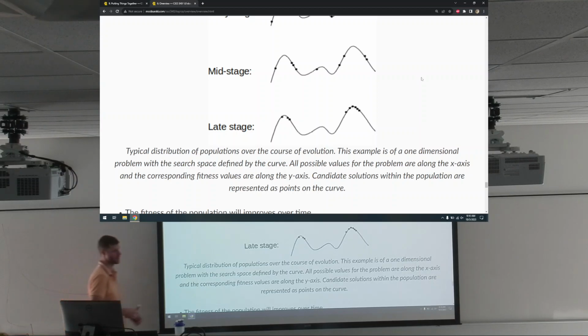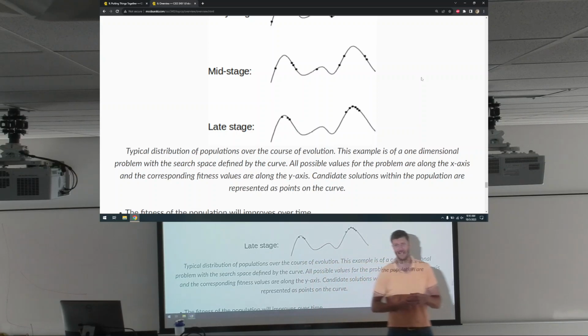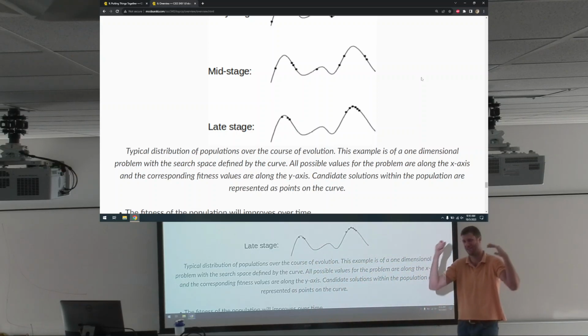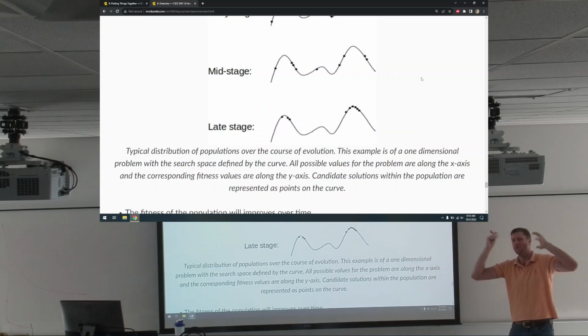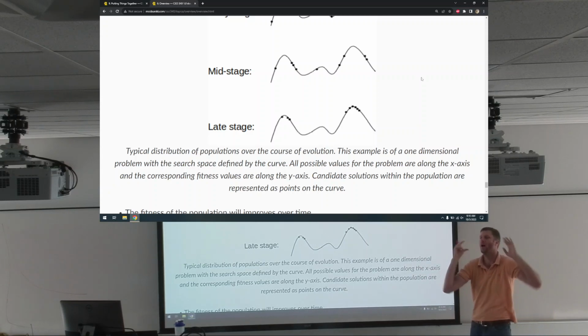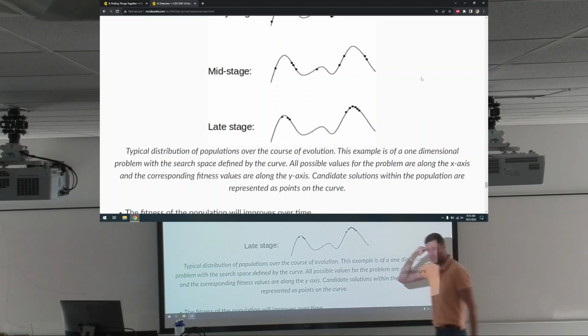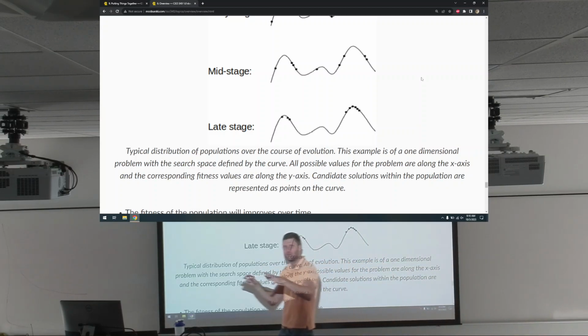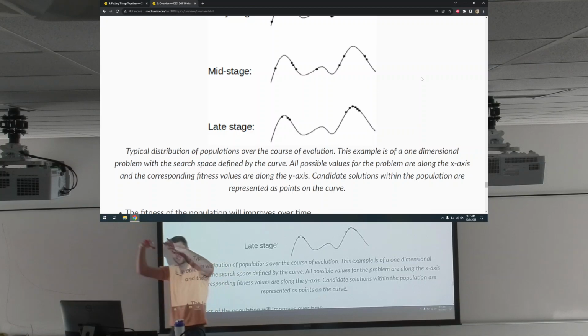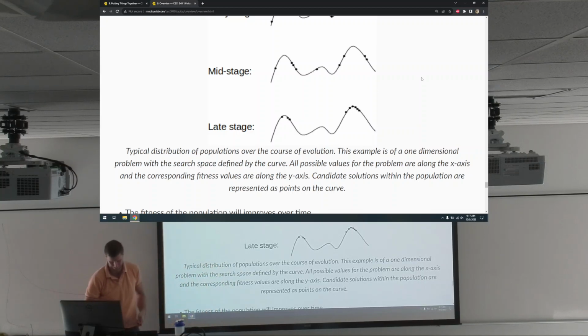Now, this is a one-dimensional search space, so this is very simple. If you're doing something like TSP, you have hilariously large dimensional search spaces. So don't try to visualize it, but just use this as an analog to what's happening. The points are going to start to converge on the parts of the search space that are better than others.